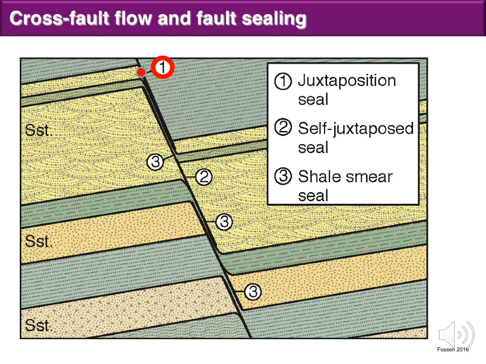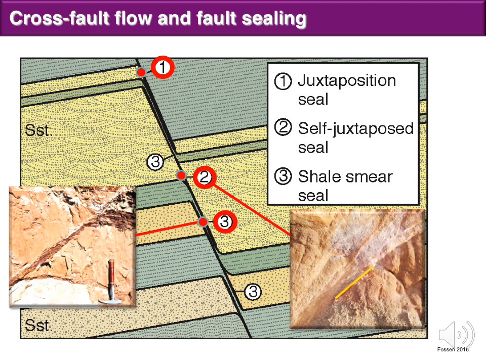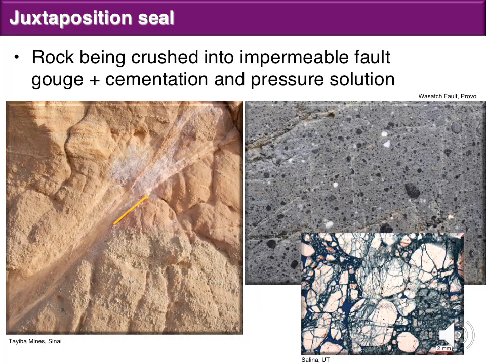Then there is self-juxtaposed seals, and that's where the reservoir is in contact with itself across the fault, so the seal has to be produced by the fault rock itself, something like this. And then we have shale smear seal, number 3, that involves the smearing of shale along the fault. So the latter two are the most important ones to look at more closely.